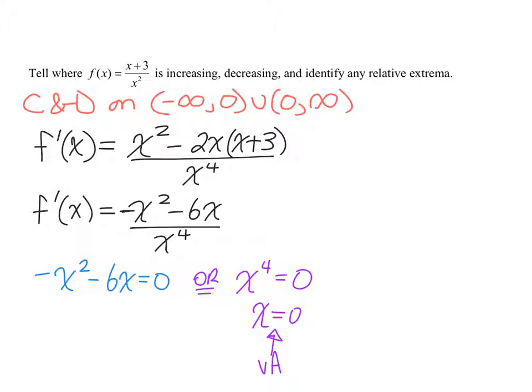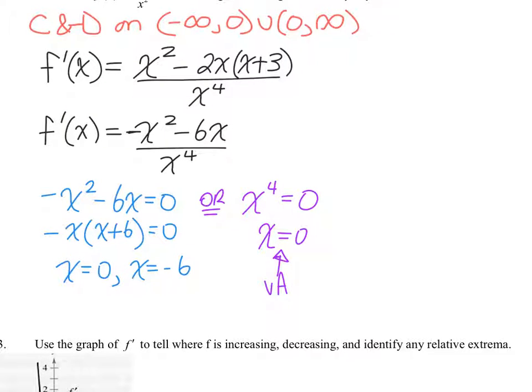All right, so we still include discontinuities in the sign chart, because they're natural boundaries created by the graph. All right, the other one, we do a little factoring, pull out a negative x, so x plus 6. And we get x equals 0 again, and x equals negative 6. So between the two, we don't have any unique critical values.